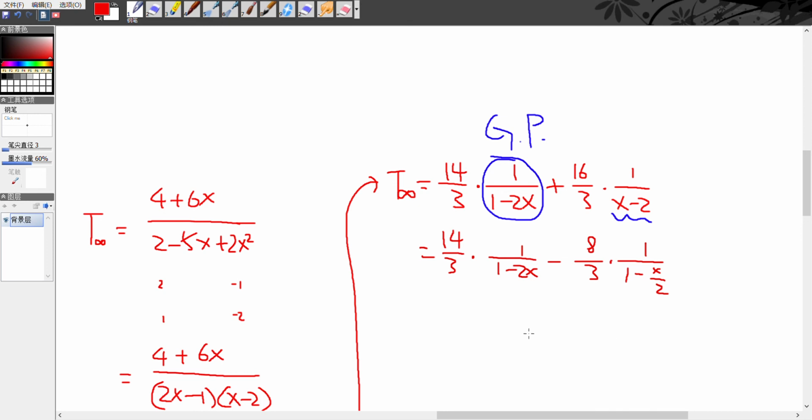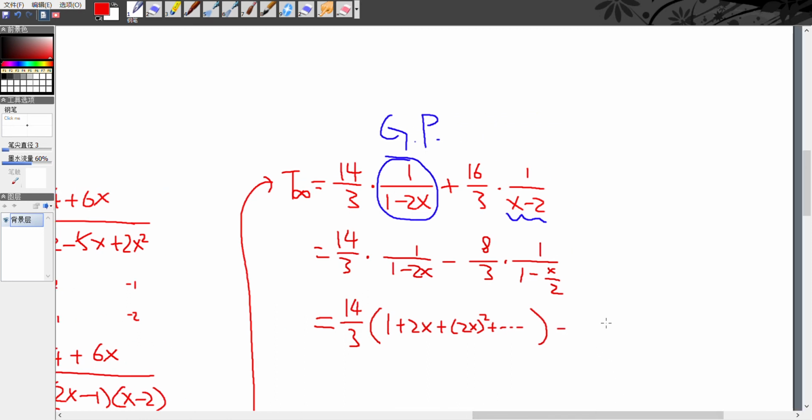So if we expand those two fractions by geometric progression, we will have 14 over 3 times (1 plus 2x plus (2x) squared plus dot dot dot all the way to infinity) minus 8 over 3 times (1 plus x over 2 plus (x over 2) squared plus dot dot dot all the way to infinity).